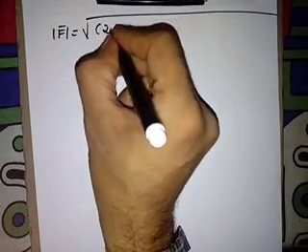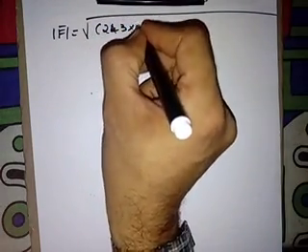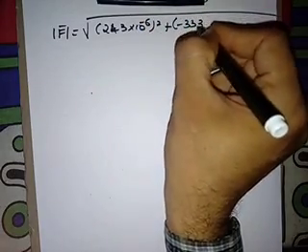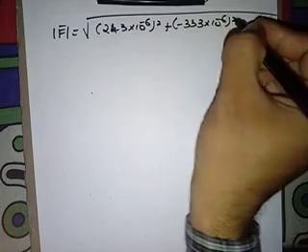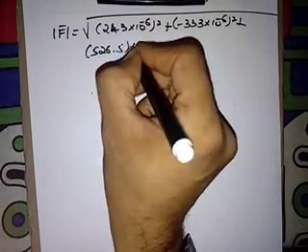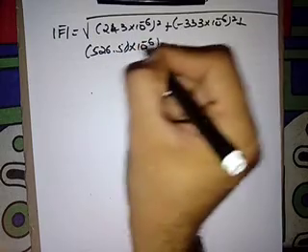The magnitude is nothing but the absolute value of this total force F bar. So let us take the absolute value here. The magnitude of the force F bar is equal to the square root of 243 into 10 raised to minus 6 squared, plus minus 333 into 10 raised to minus 6 squared, plus 526.5 into 10 raised to minus 6 squared.